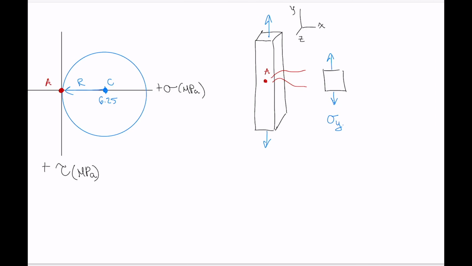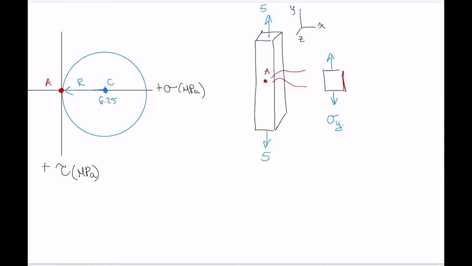Okay, and this is the element's right-hand side. All right. What Mohr's circle does is give you all the possible combinations of shear and normal stress that exist at point A in this object.